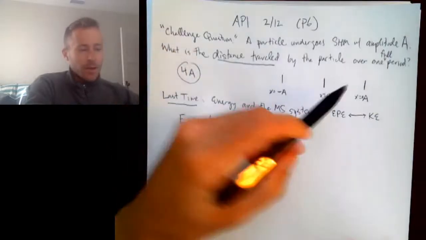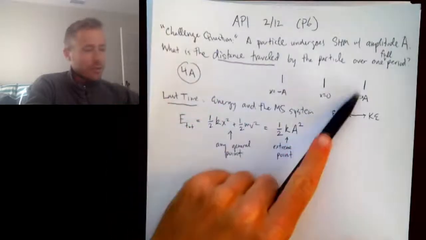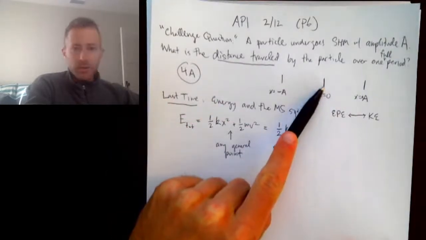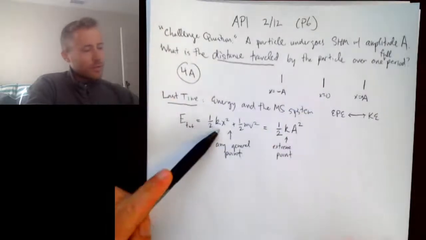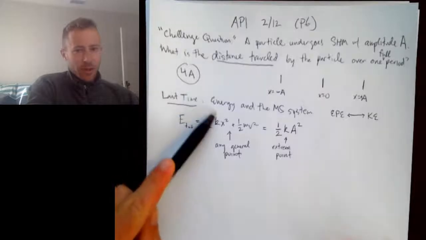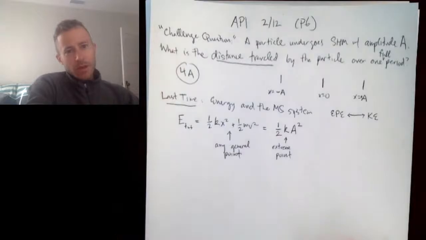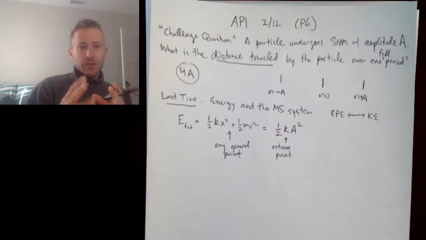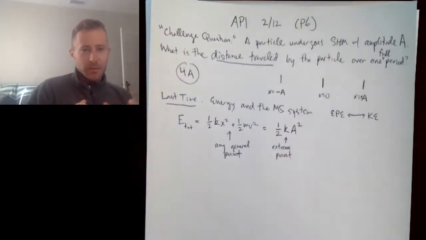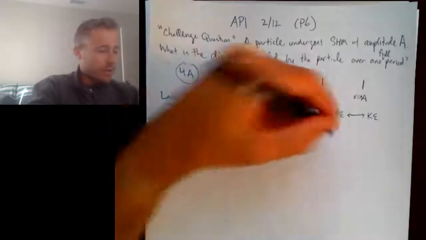Okay. We could also evaluate the energy while passing through equilibrium. When you pass through equilibrium, you have x equals 0. That means the potential energy term is gone, and we have all kinetic energy. If your energy is all kinetic, then you are at your maximum speed, because you can't be going any faster than when all your energy is kinetic.